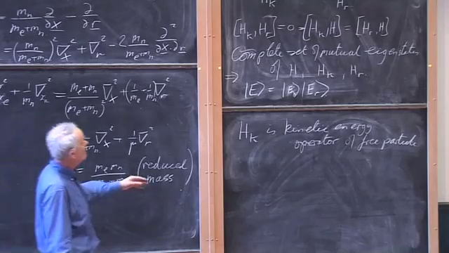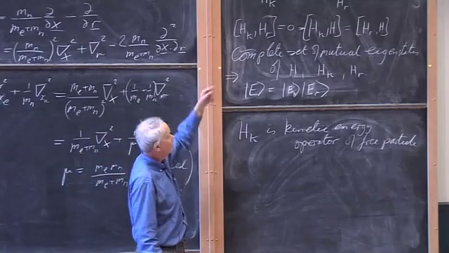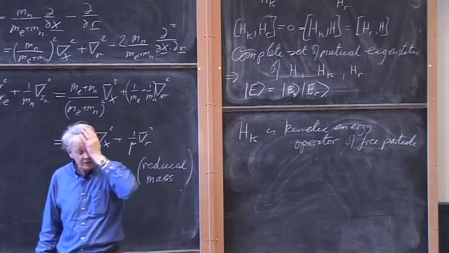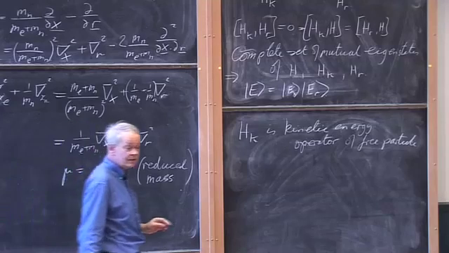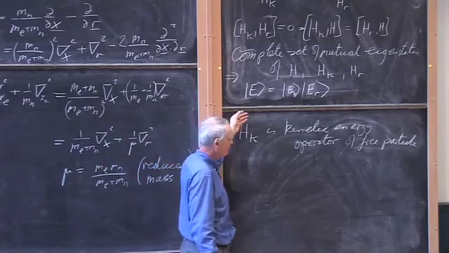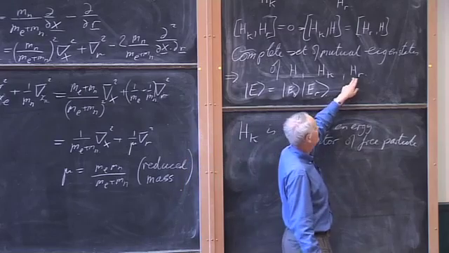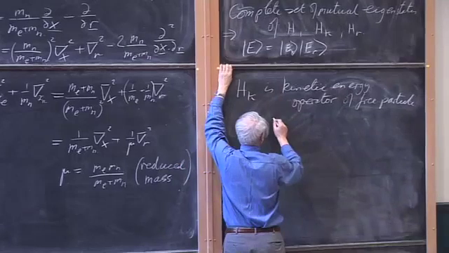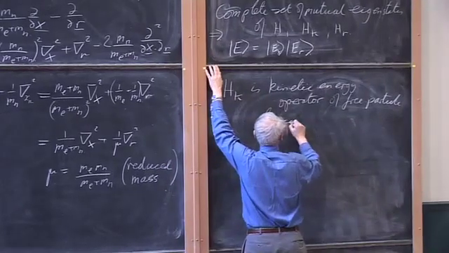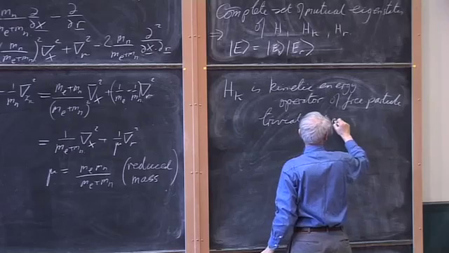We already studied last term the stationary states and the spectrum and everything else of free particles. We know all about it. Boring. Finished. So all we have to do is hammer away at this thing. What we want to know is, this is basically trivial and of no interest.